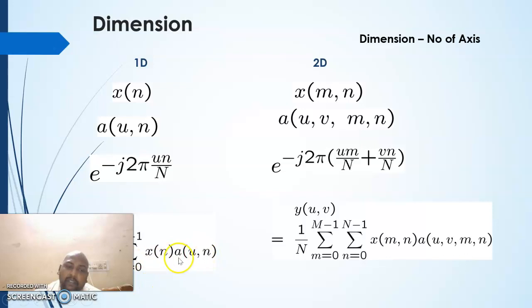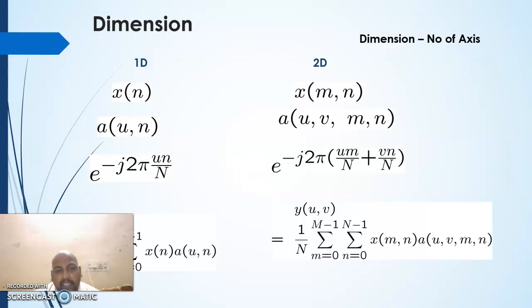Here a of u comma n is the orthogonal transformation function, and y of u is the output, the transformed image.